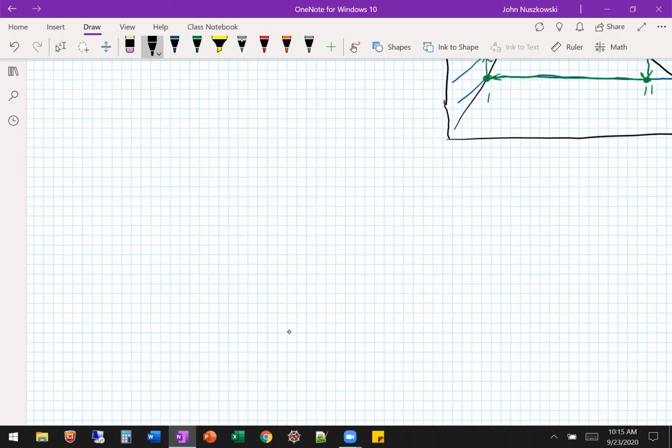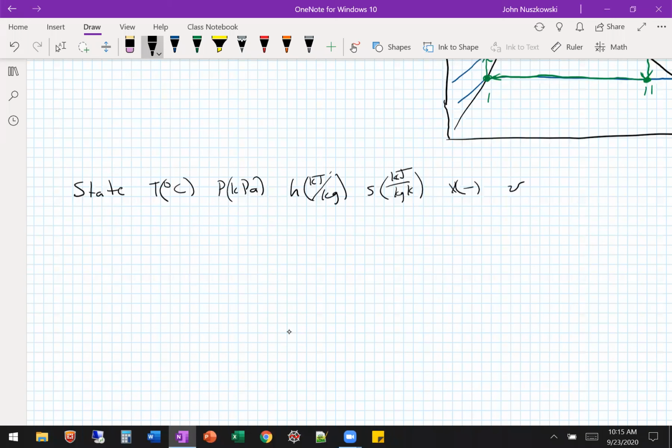So we have to do our table with state, temperature, pressure, enthalpy, entropy, specific volume.